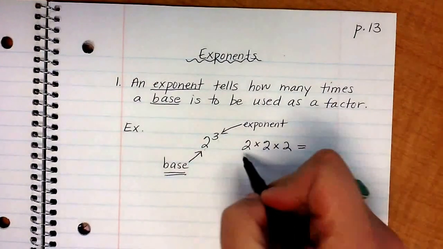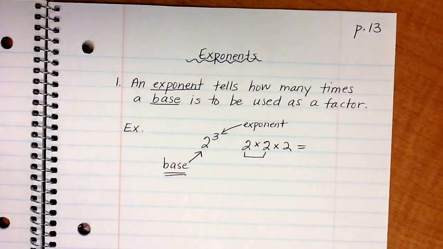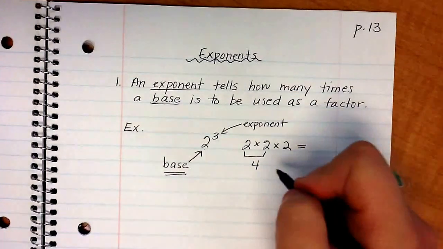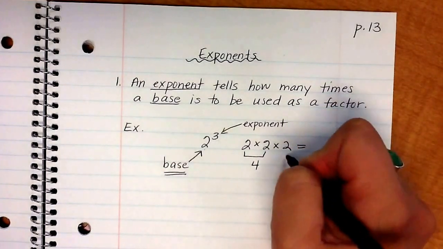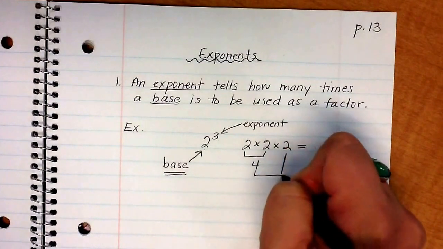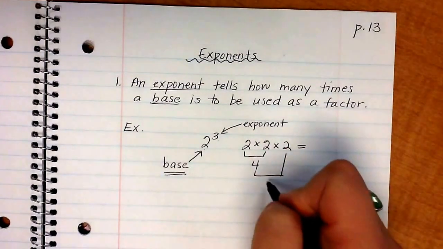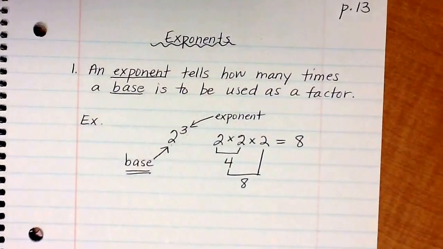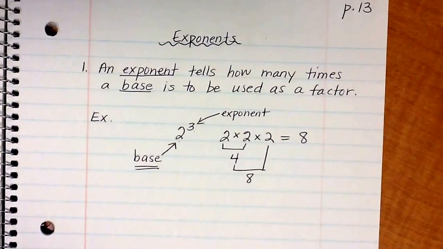To solve it, I take 2 times 2, which is 4, and then I take 4 times the final 2 to get 8. So if I evaluate the expression, it's going to be 8.